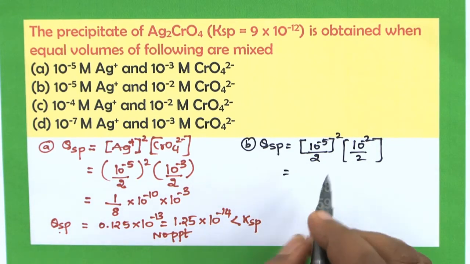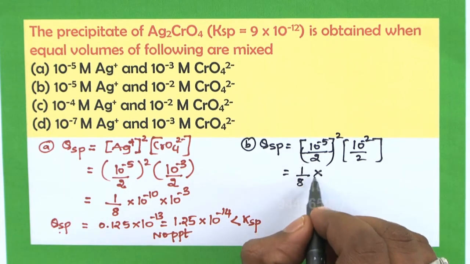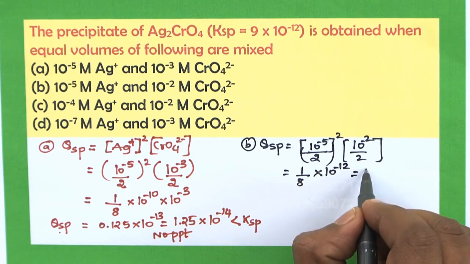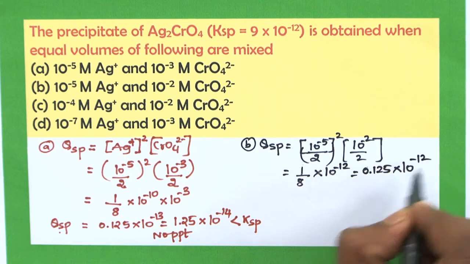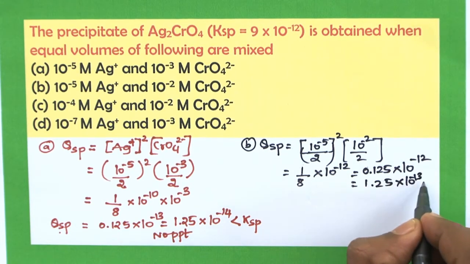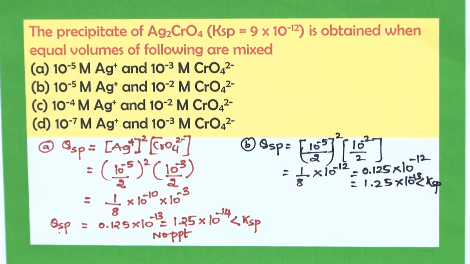This will be equal to 1 by 8 into 10 to the power minus 12, that is nothing but 0.125 into 10 to the power minus 12, that is 1.25 into 10 to the power minus 13. This value is also less than the Ksp value, hence in option B also precipitation does not take place.